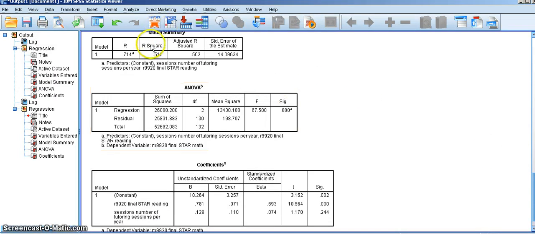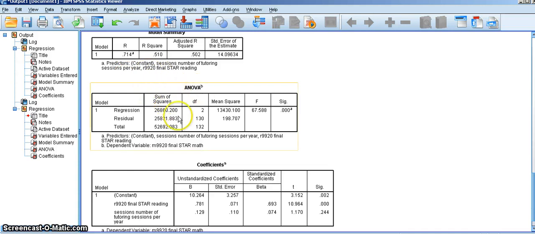So we have the two predictors, the number of tutoring sessions and the reading score, have about 51% of shared variability with our outcome variable.